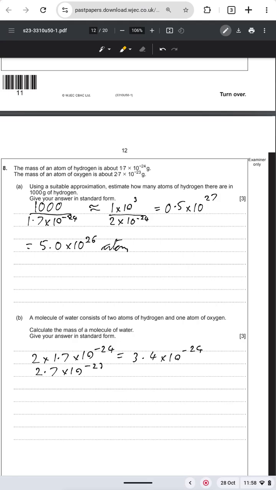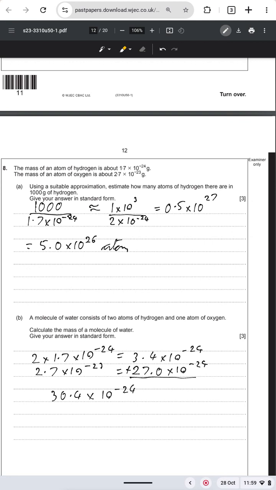So adding in standard form becomes easier if your base and power are the same. So I can write that as 27.0 times 10 to the minus 24, which means we end up with 30.4 when we add, times 10 to the minus 24.